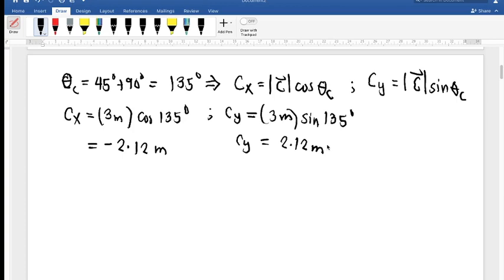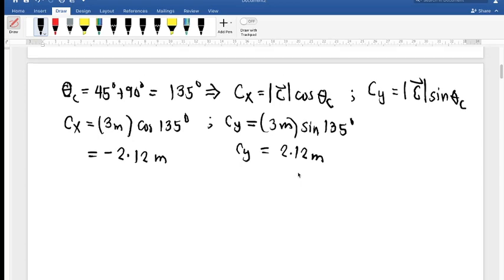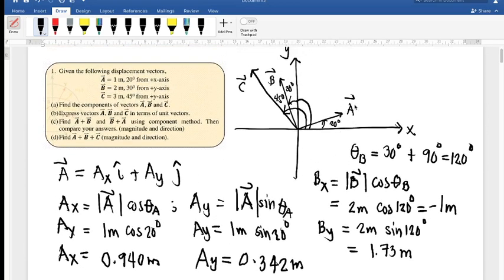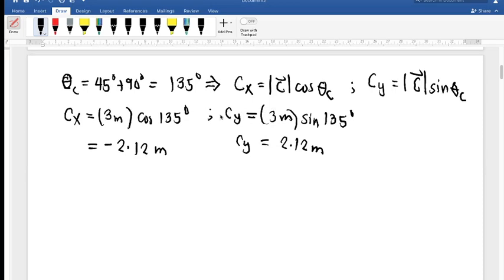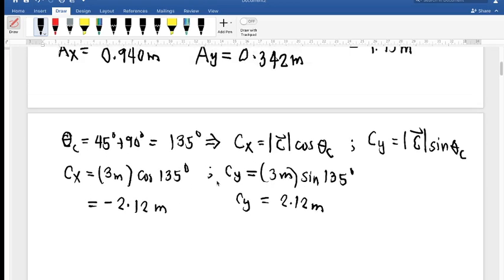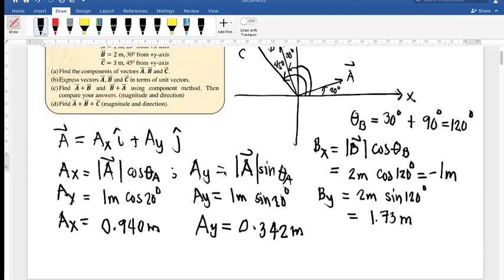So check kung tama ba yung sign ng components nyo sa quadrant. As you can see, your A is in quadrant 1, so Ax and Ay must be positive. So positive sila lahat, correct? Then your B is in quadrant 2, so dapat negative yung X, positive yung Y. Same lang din ni vector C, quadrant 2, negative si X, pero positive naman si Y. Okay, so that's it. Those are the components of vectors A, B, and C.